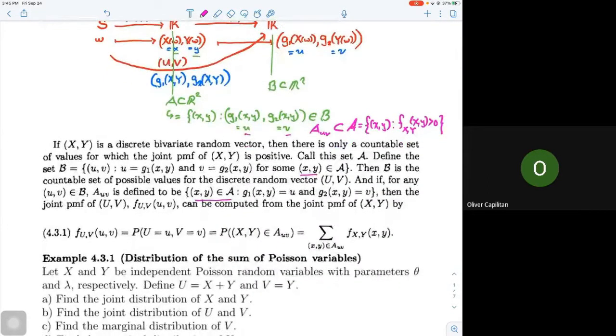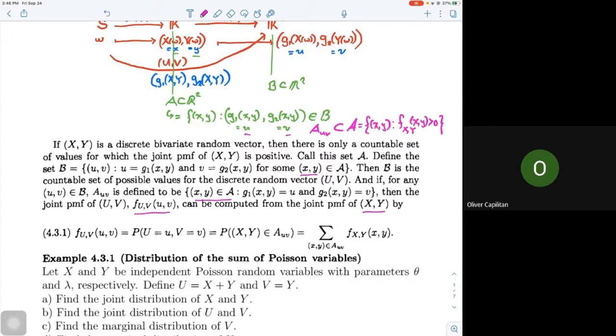Okay, so the joint PMF of this random vector U, V can now be computed from the joint PMF of our random vector X, Y. And we have here our formula 4.3.1.